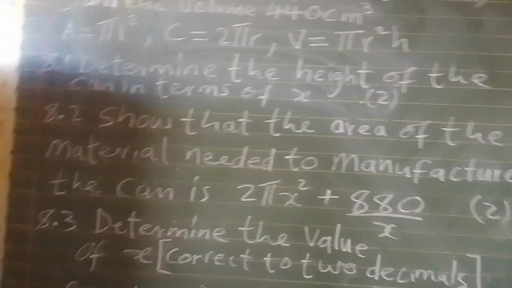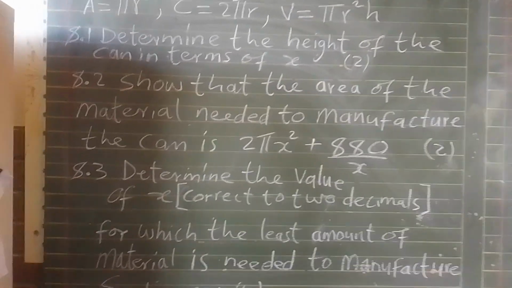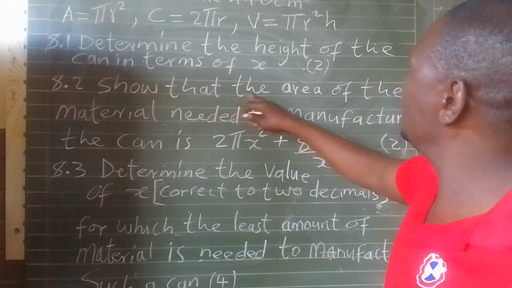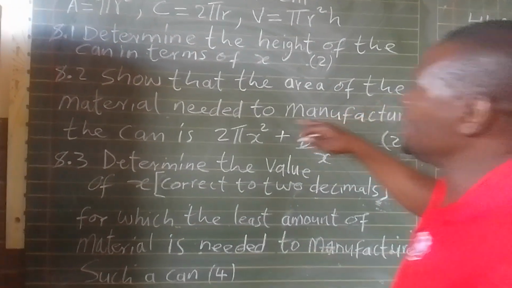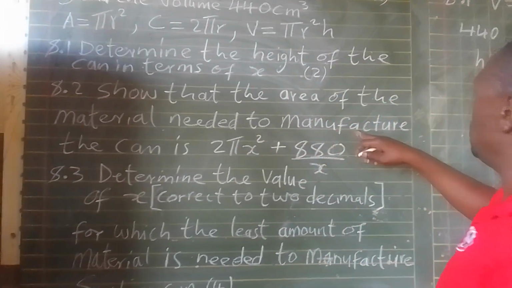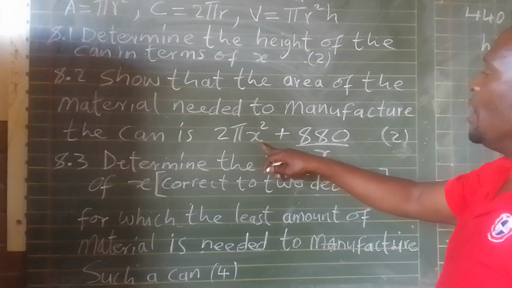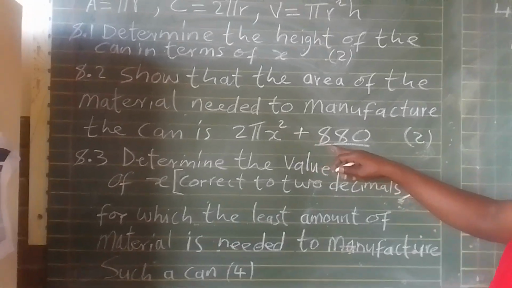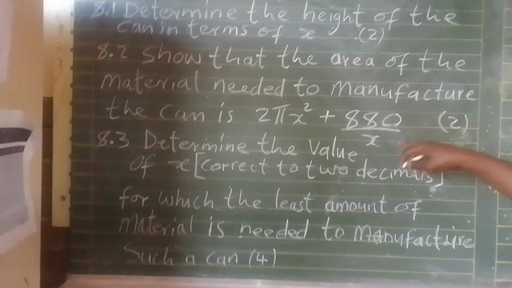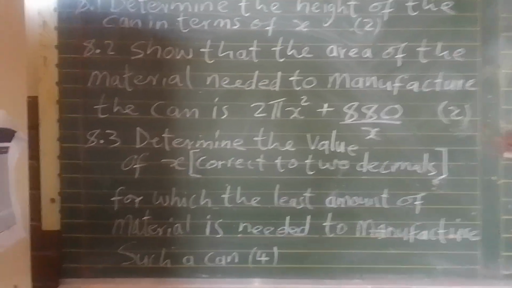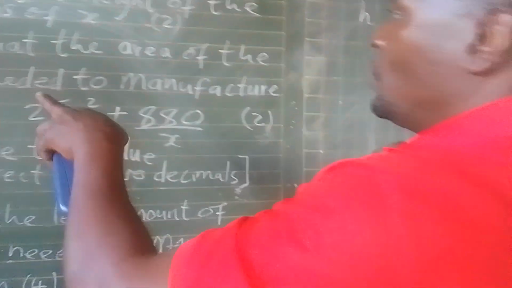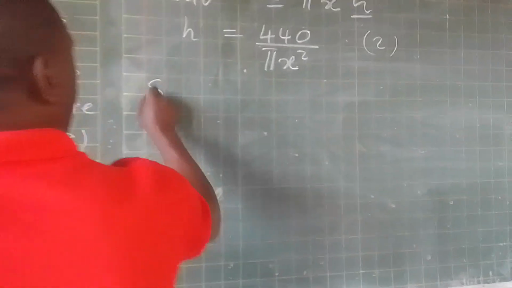Now 8.2, this was 2 marks. 8.2 says show that the area of the material needed to manufacture the can is 2 pi x squared plus 880 over x, for 2 marks.